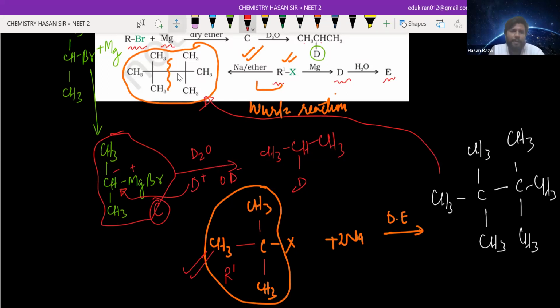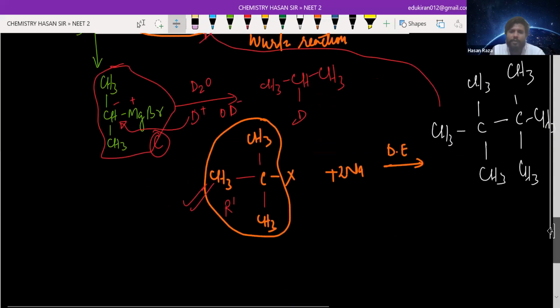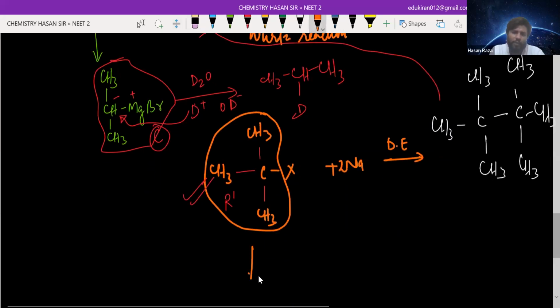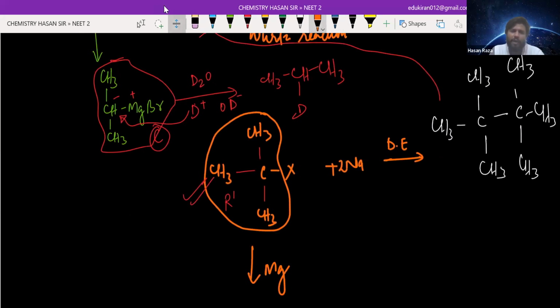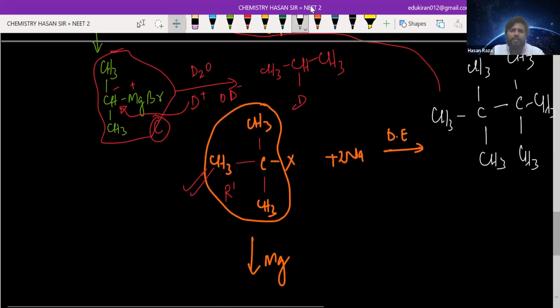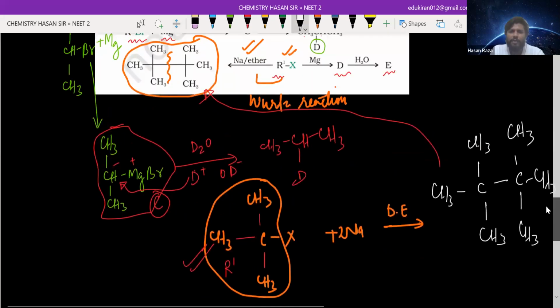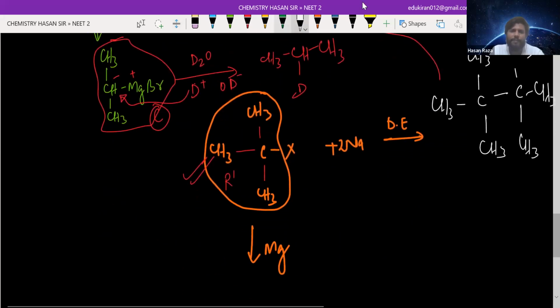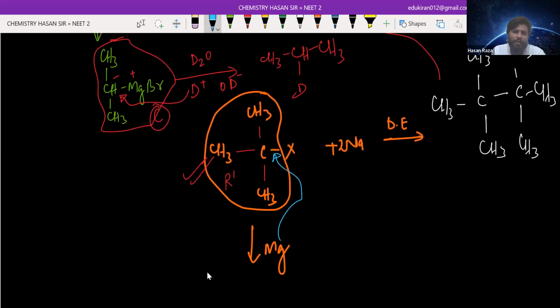Yes, sir. Now, if you are going to treat this with magnesium and then H2O, you know what will happen, right? Yes or no? Very simple. This magnesium will directly go to carbon, so it will become CH3, CH3, and there is CH3, and this becomes MgX.